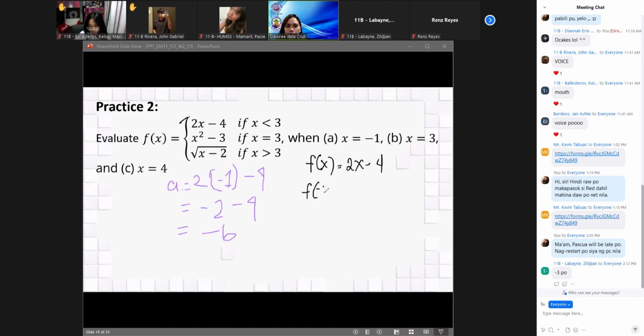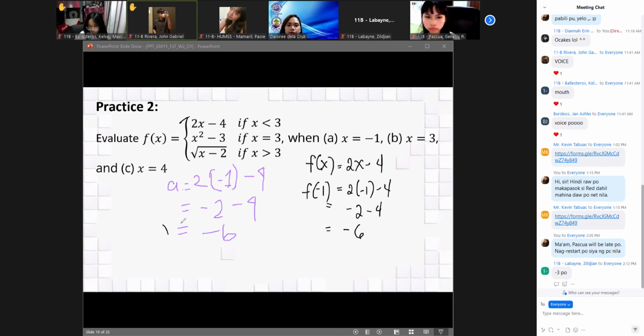So f of negative 1 is equal to 2 times negative 1 minus 4. Simplify: 2 times negative 1 is negative 2. Negative 2 minus 4 is negative 6. So therefore, yung answer nila Vina is correct.